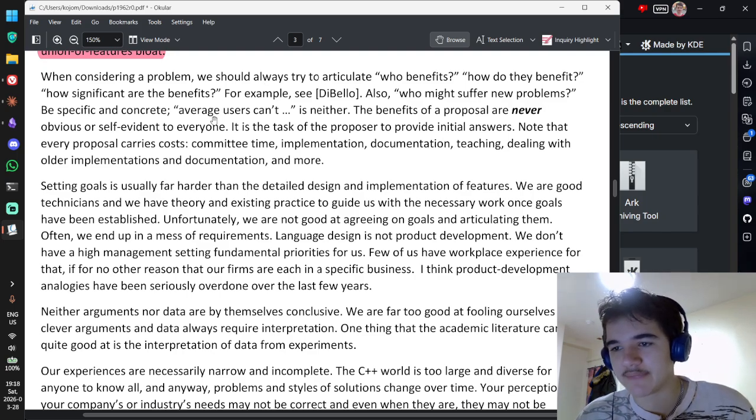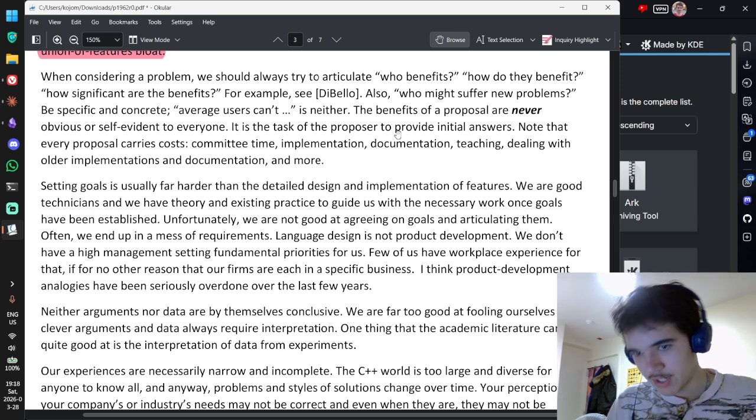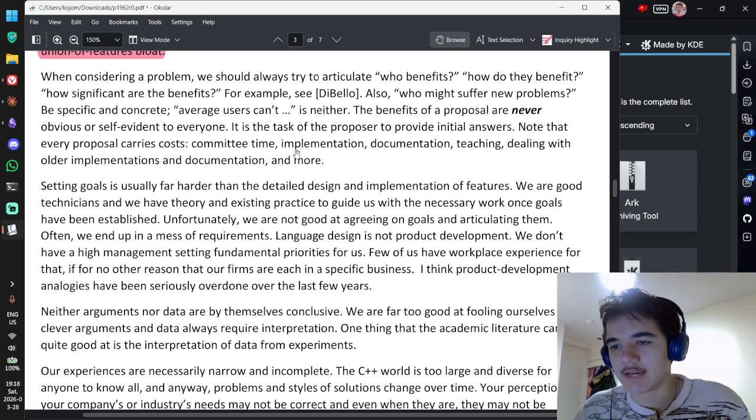Be specific and concrete. Average users can't is neither. The benefits of a proposal are never obvious or self-evident to everyone. It is the task of the proposer to provide initial answers. Note that every proposal carries costs: committee time, implementation, documentation, teaching, dealing with older implementations, and more.